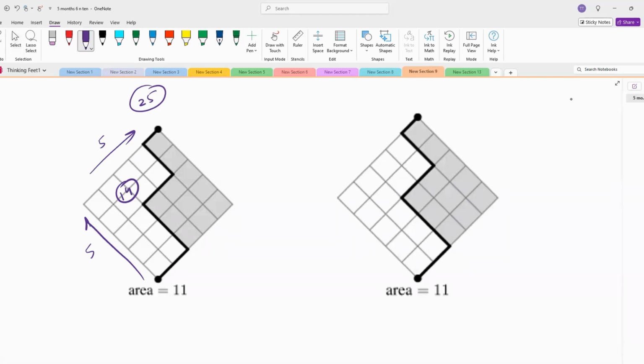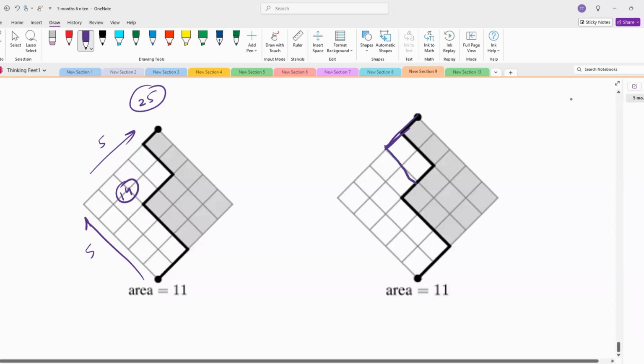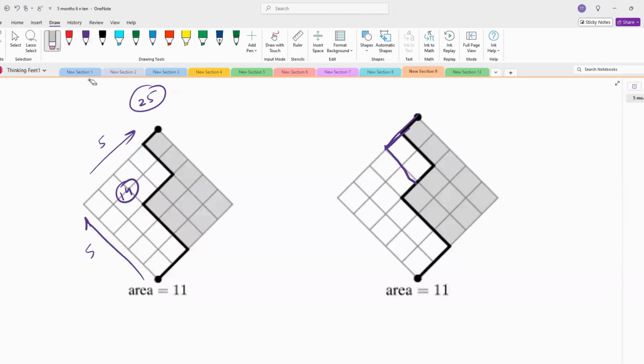So 14 will have to look something like this. So if I do, okay, if I have this, and then it is an L shape. Okay, so let me draw the L shape first.